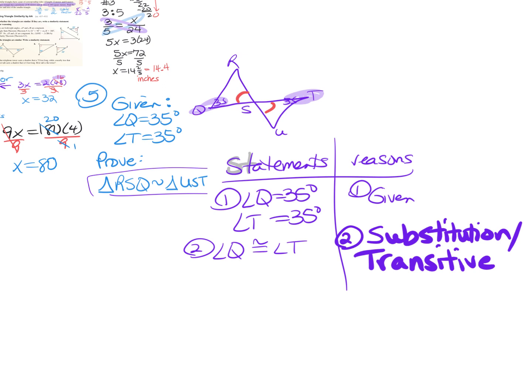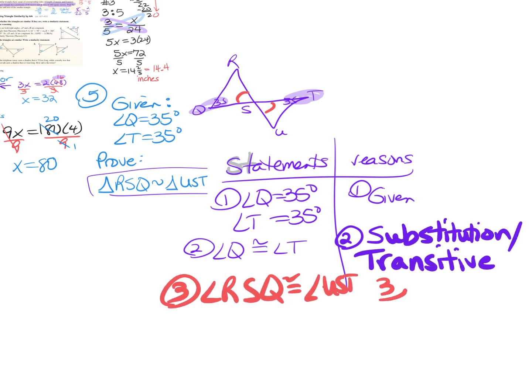Now, you can't just say angle S congruent to angle S, because I don't know which side you're talking about. So you need to name it with 3 letters. So I'm going to name that vertical angle, and I can name it either RSQ or QSR, either way. But I'm going to name it angle QSR is congruent to angle UST.